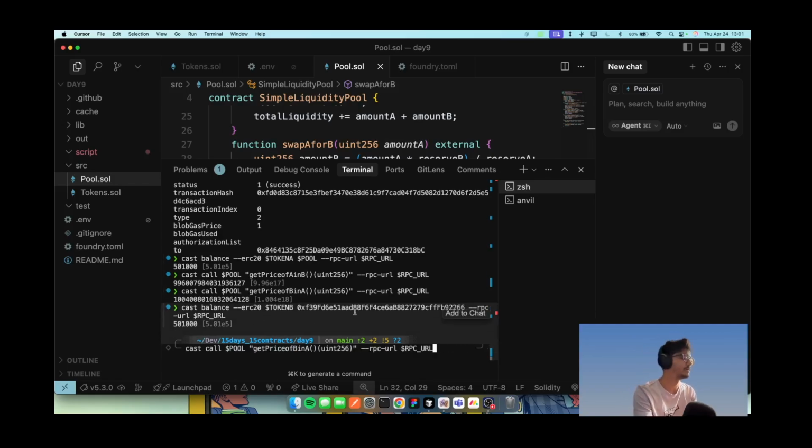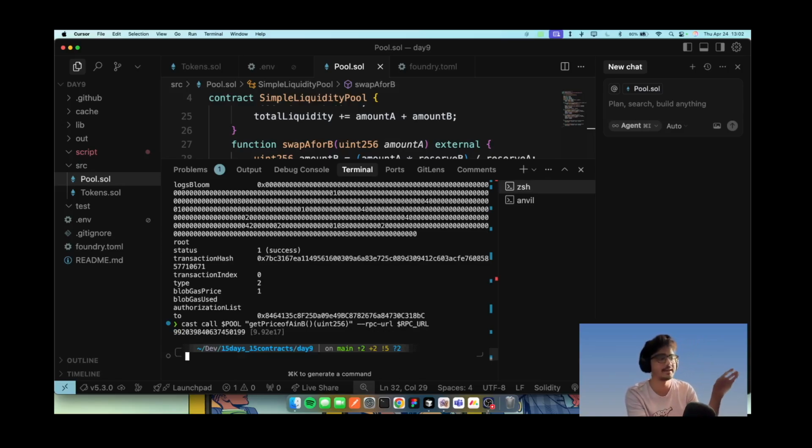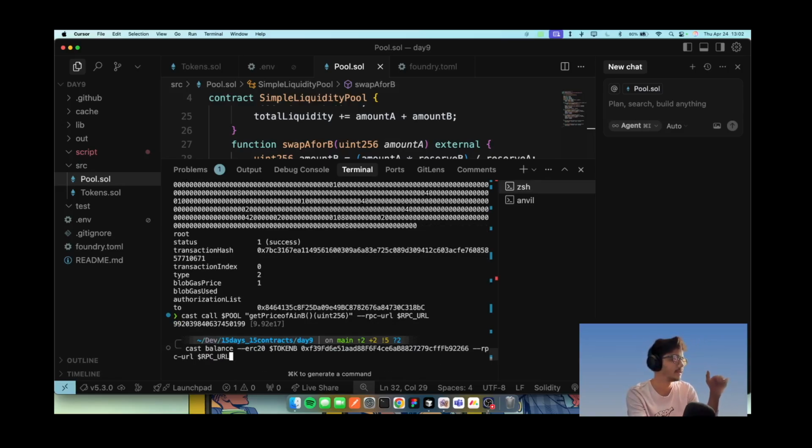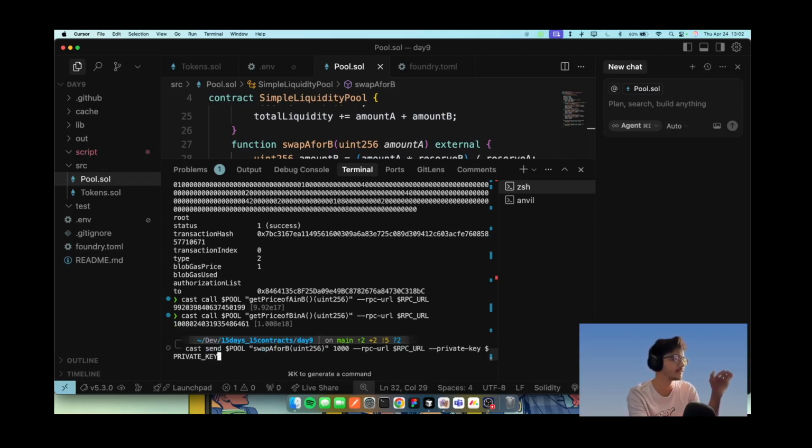Now let's swap some more A for B. Let's approve some more, another 1000, and let's swap A for B for another 1000. Now let's get price of A and B. The price of A keeps decreasing against B, as you can see, and the price of B keeps increasing.